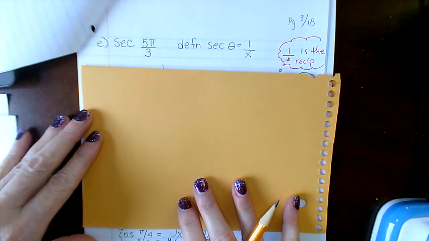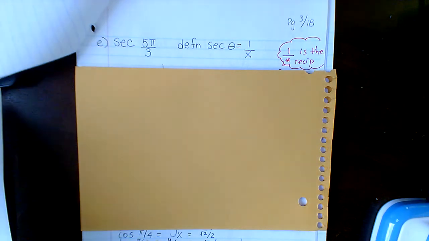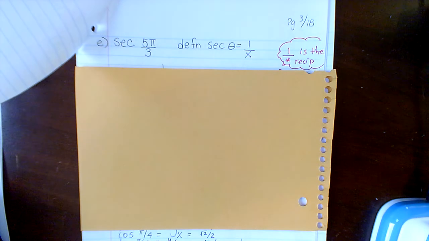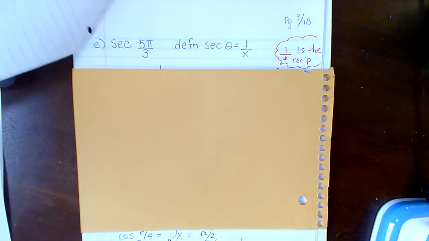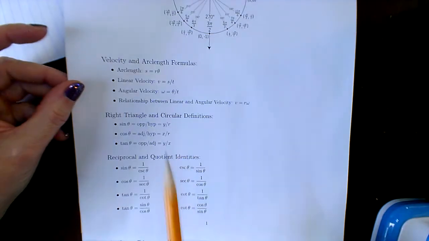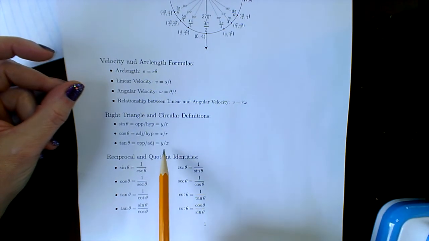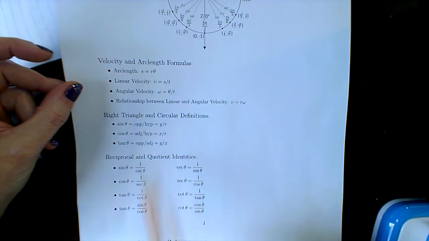All right, how about the secant of 5 pi over 3? So we look up the definition of the secant function, and that's 1 over x. Now, you might notice on this formula sheet that the circular function definitions I gave you don't look like the ones I just did.